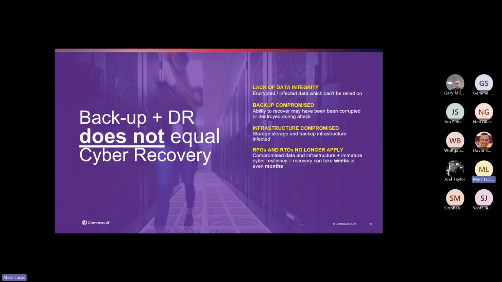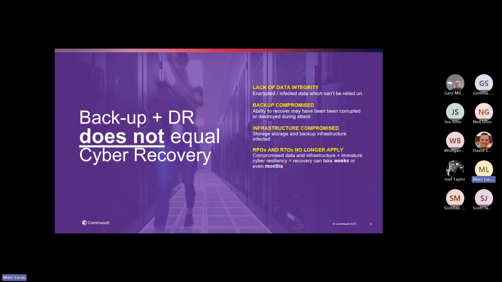So I was having this discussion with one of Commvault's partners yesterday, because the subject of recovery point and recovery time objectives came up. And are they relevant when it comes to cyber recovery? Unfortunately they don't, because again, you cannot trust the data and you cannot trust the infrastructure.